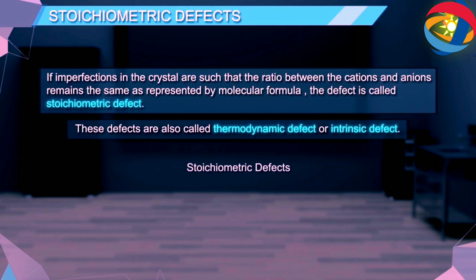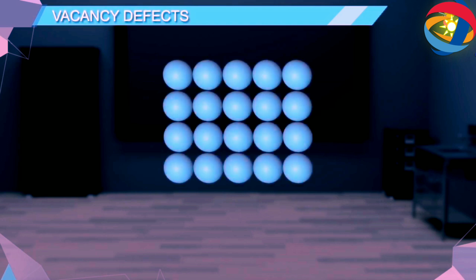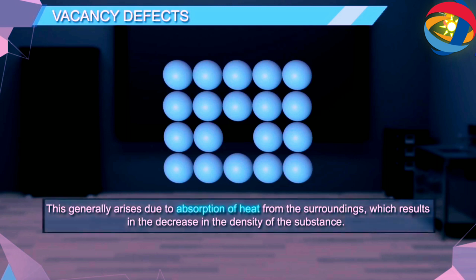The stoichiometric defects are of two types: vacancy defect and interstitial defect. Vacancy defect. In a crystalline solid, some of the lattice sites are vacant. The crystal is said to have vacancy defect. This generally arises due to the absorption of heat from the surroundings, which results in the decrease in the density of the substance.